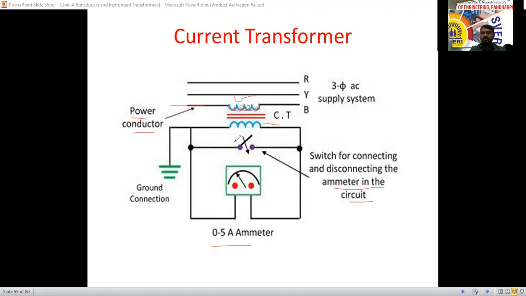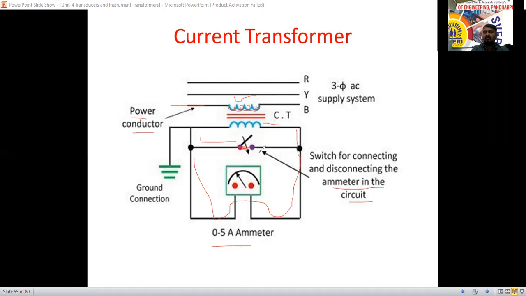If the switch is open, no current will flow through the switch, all the current will flow through the meter and go back through the closed path. If we don't want to connect the meter in the circuit, we just close this switch. By closing it, it will act as a short circuit.